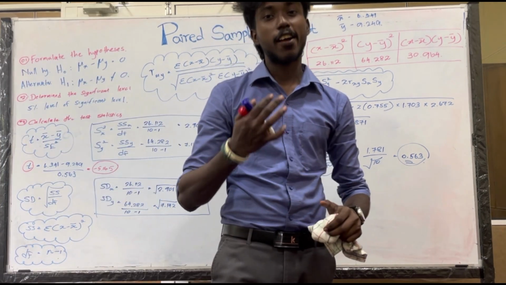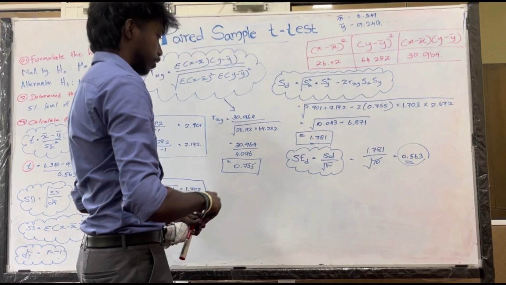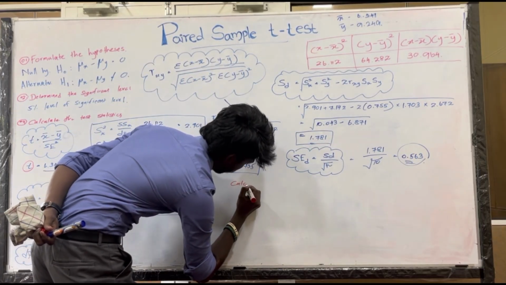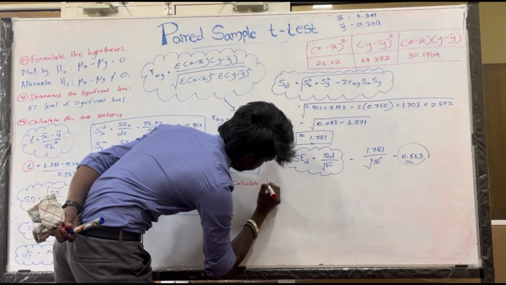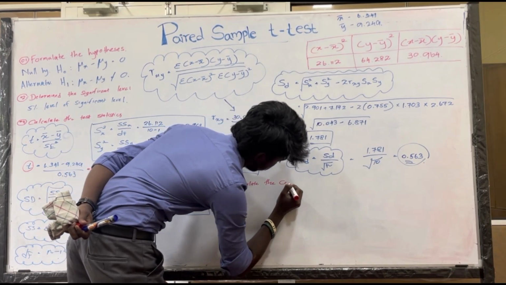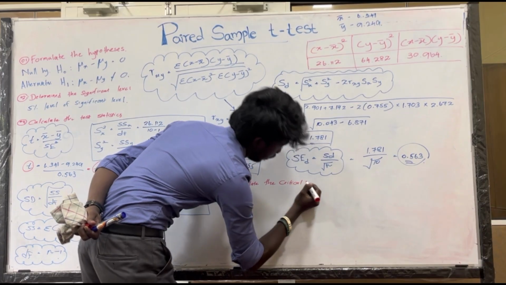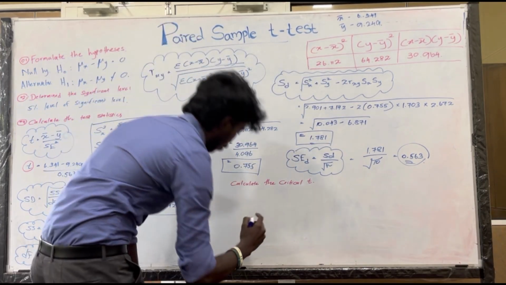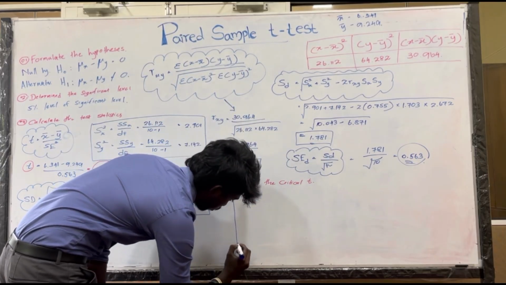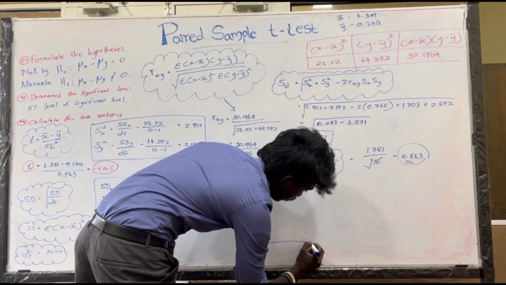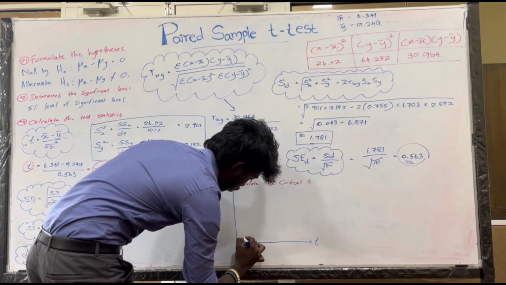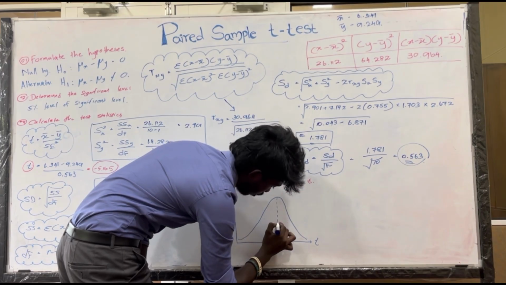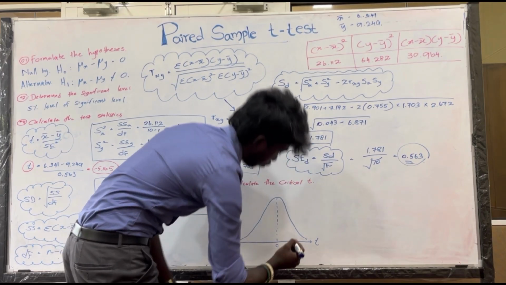So next step is to calculate the critical t value. First we should write it: calculate the critical t. So we need a bell-shaped graph. It looks like this, with the middle point 0.